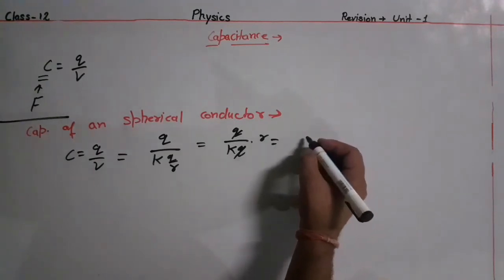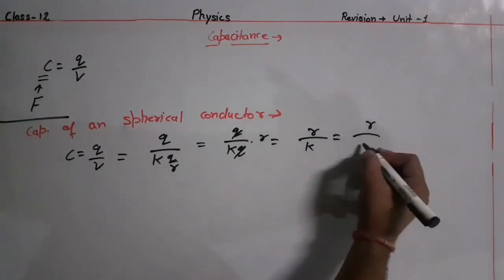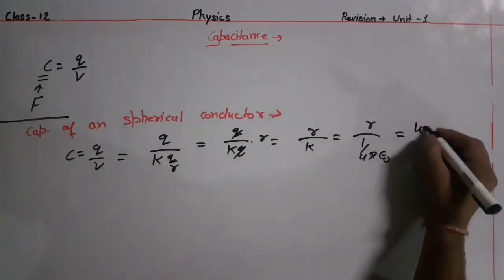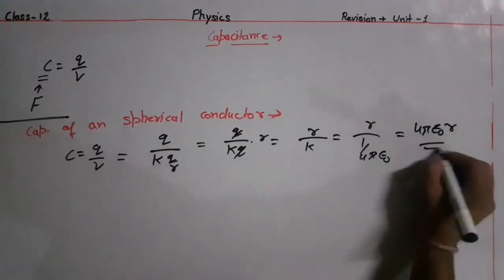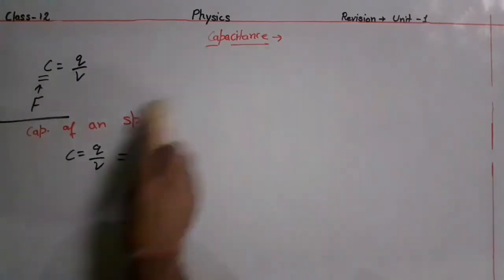This gives us R by K, which is R by 1 by 4 pi epsilon naught, and we can rewrite it as 4 pi epsilon naught R. This is our capacitance of a spherical conductor.